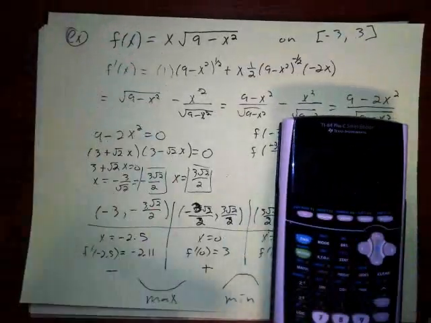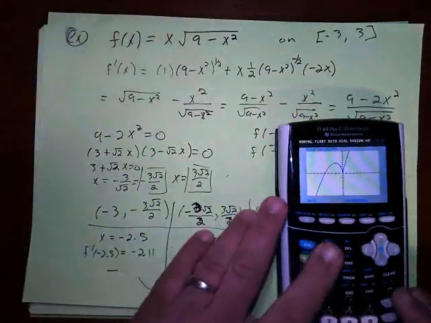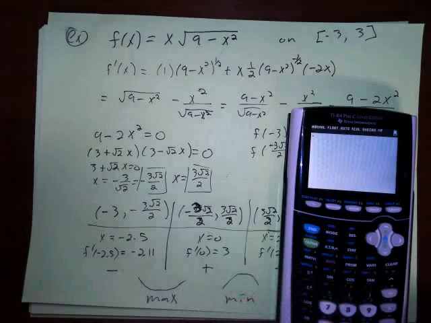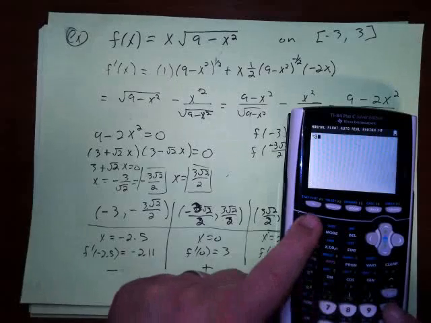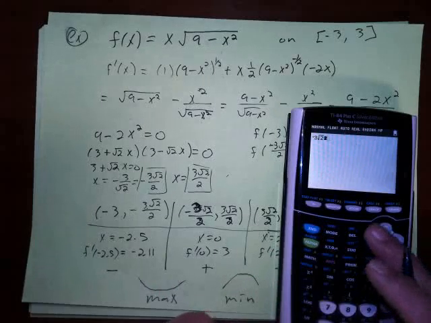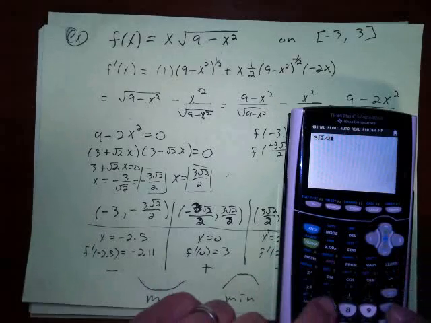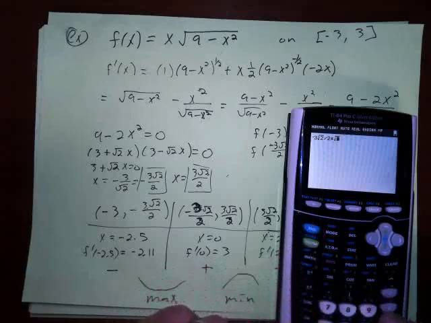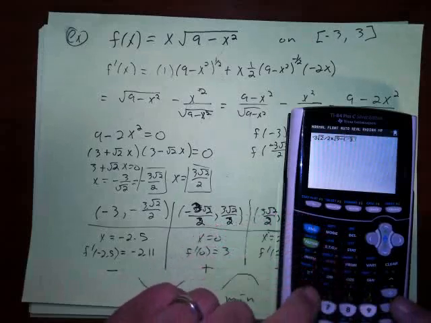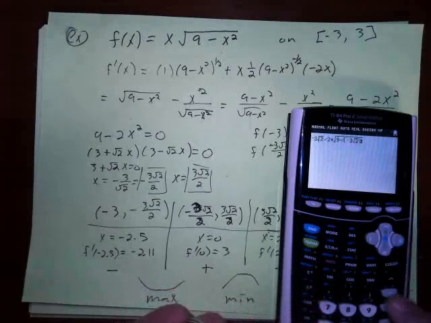I'm going to plug that in: negative 3 square root of 2 over 2 times the square root of 9 minus negative 3 square root of 2 over 2 squared.